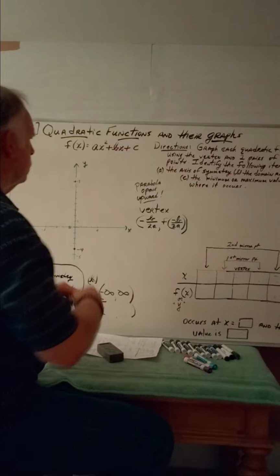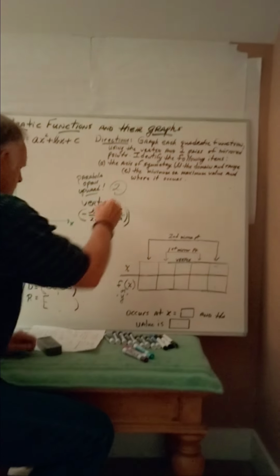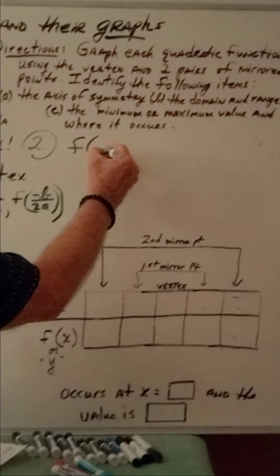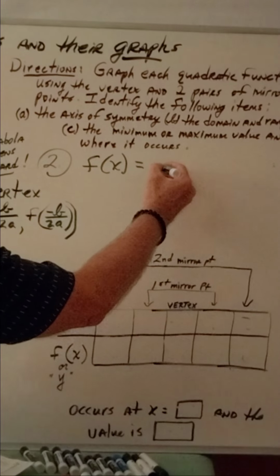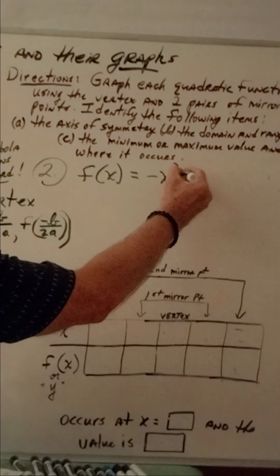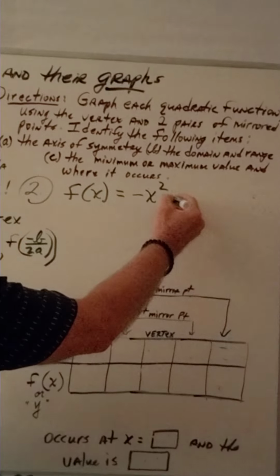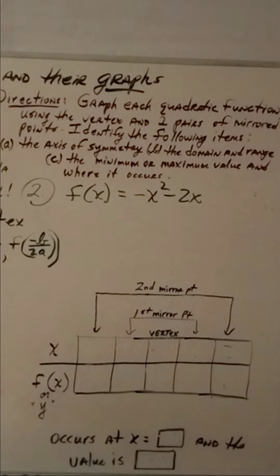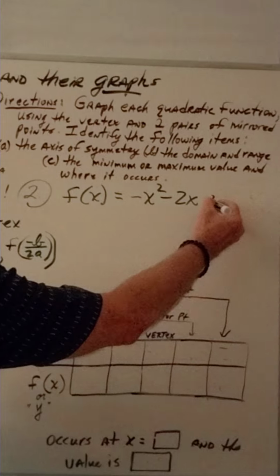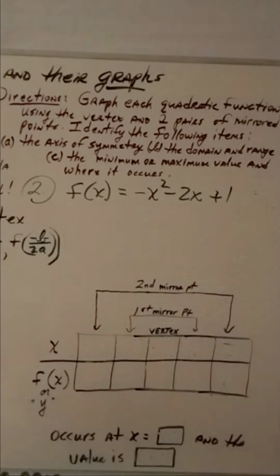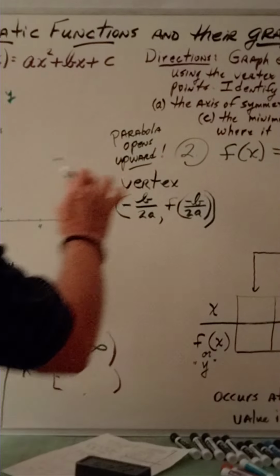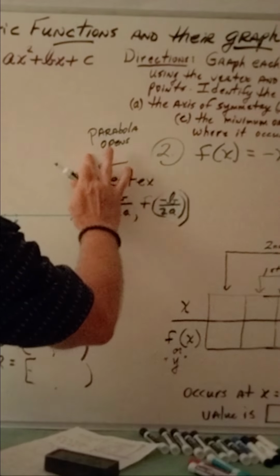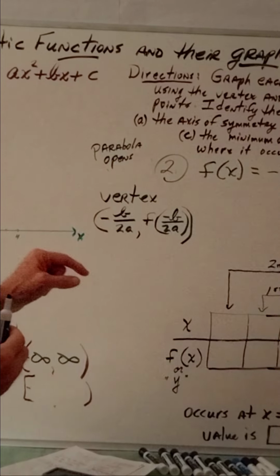Let's go to number 2. And number 2 looks like this. f of x is equal to negative 1x squared, negative 2x plus 1. Notice its form. It's in the form that we're looking at. So let's identify first of all how the parabola is going to open.